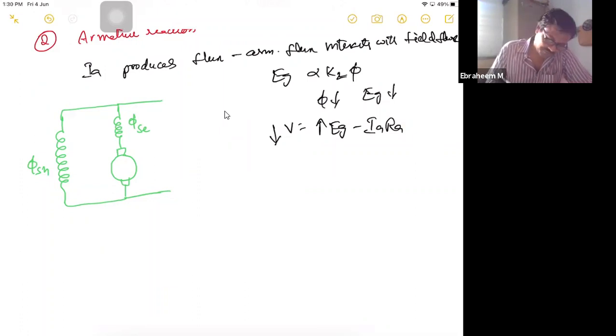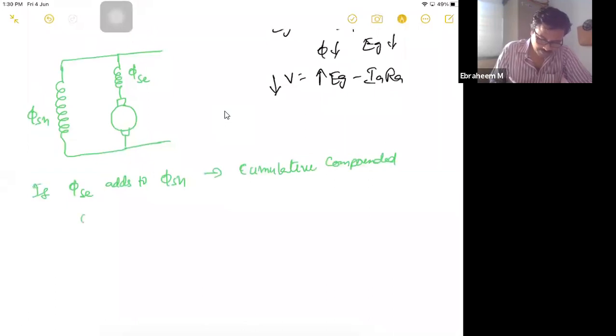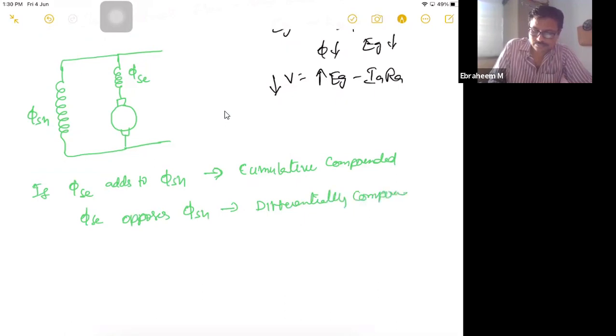If phi SE adds to phi SH, it is called cumulative compounded. If phi SE opposes phi SH, it is called differentially compounded.